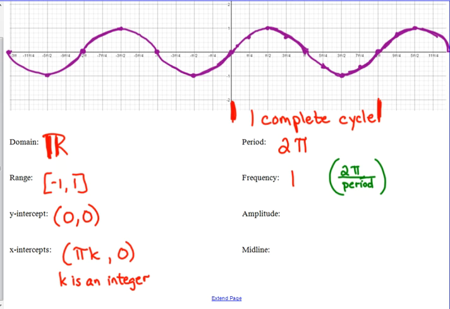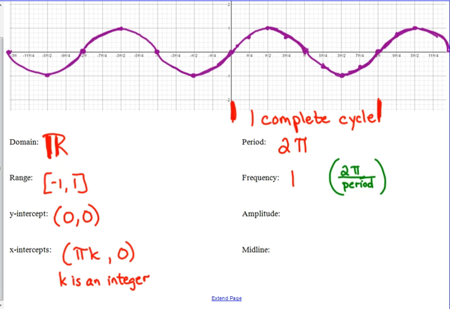That gives us our x-intercept right here, the origin. If k is 1, then pi times 1 is 1 pi. So there's our other x-intercept. If k is 2, 2 pi gives us another x-intercept. It can be negative, negative 3. That would give us negative 3 pi, the x-intercept over there. So that gives you all the sets of x-intercepts because we can go infinitely to the right, we can go infinitely to the left. These keep on repeating. There's an infinite number of x-intercepts for the sine function.